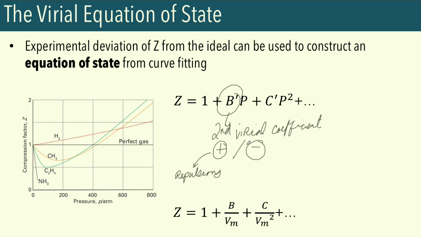However, if we have a negative value for B, our second virial coefficient, this is when attractive forces could dominate at these conditions. Negative values suggest that we have a negative sloping part of our curve. So for these particular curves with a dip, we expect that their second virial coefficients are going to be negative.